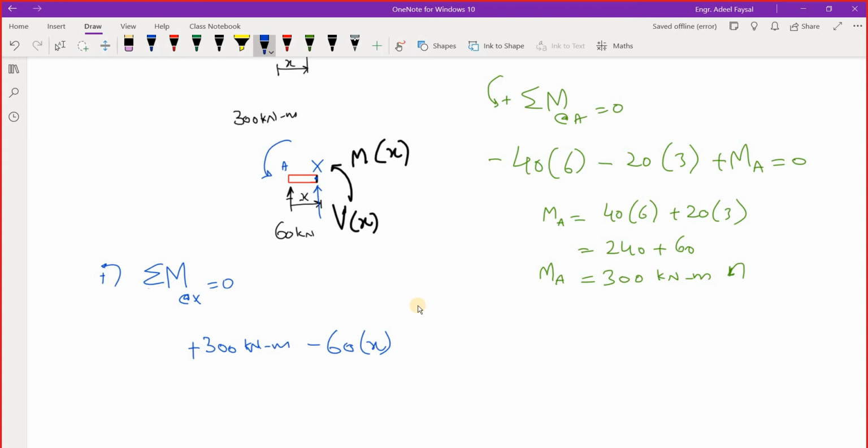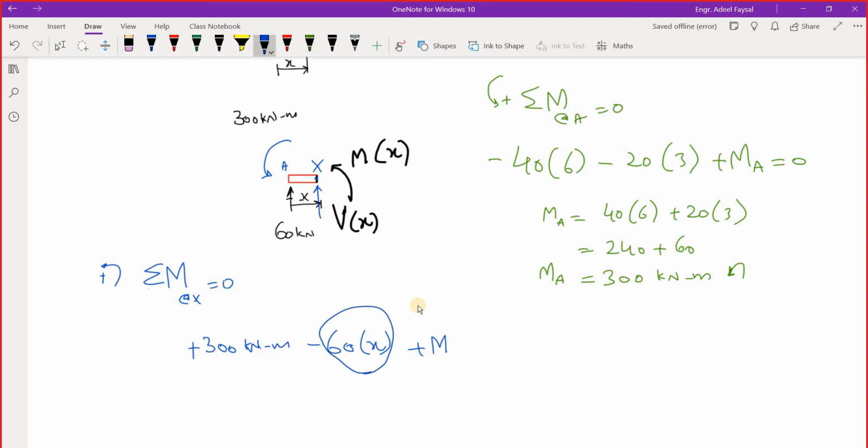The reason is that it is passing through x, so it has zero lever arm. What about this term? Plus Mx. Mx means M as a function of x, not M multiplied by x.